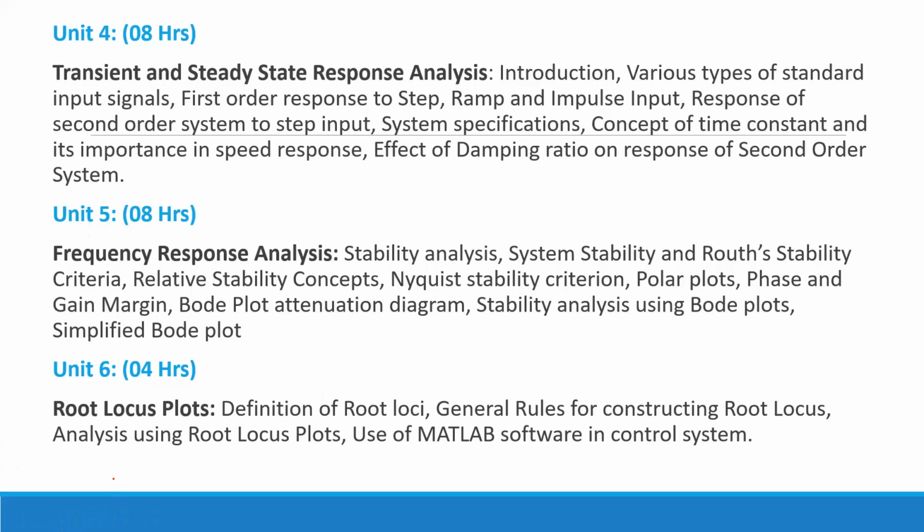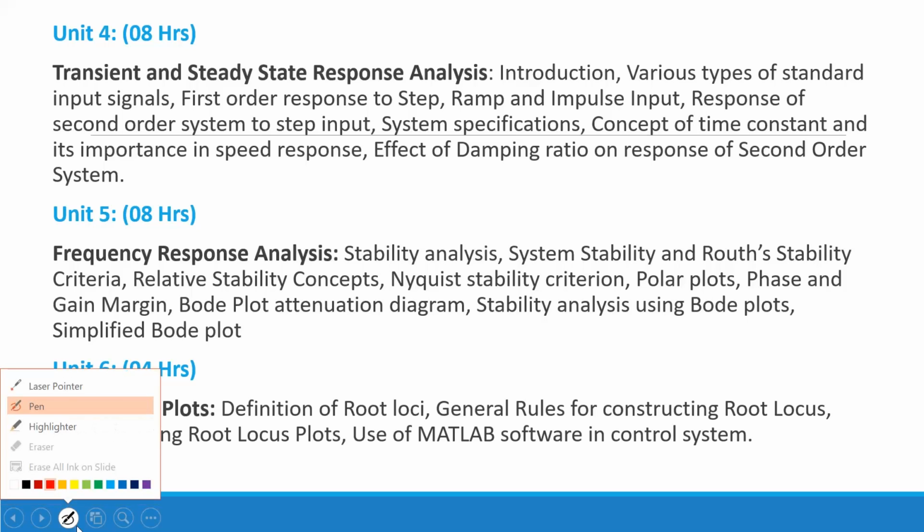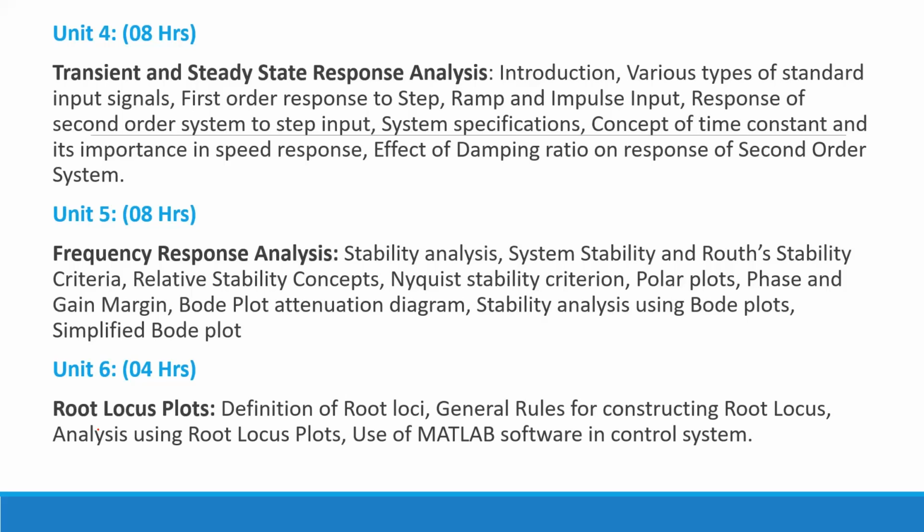In unit number 4 we have transient and steady state response analysis, and in this particular unit we are going to see various types of standard input signals, your first order response to step, ramp and impulse input, then response of second order system, and different damping effects of damping ratio on different second order systems. So this is unit number 4.